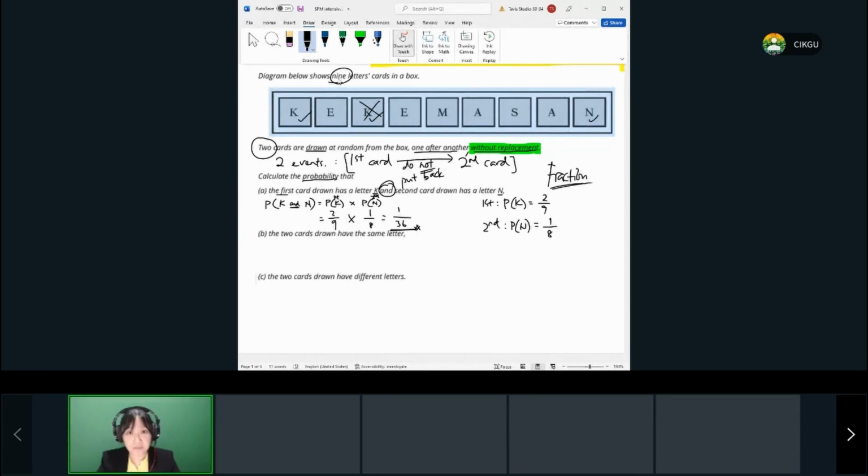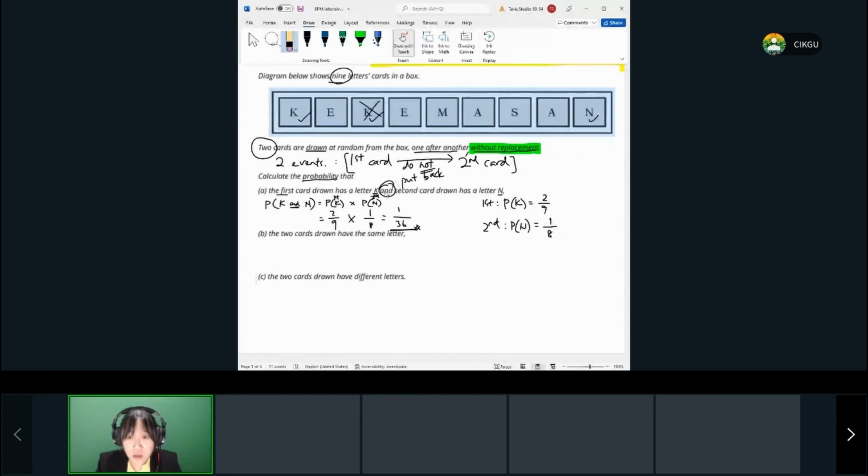If I change the question, let's not go to B and C first. Let's change the question. If I say I want the probability that the first card is K or the second card is N, instead of "and", I change to an "or".